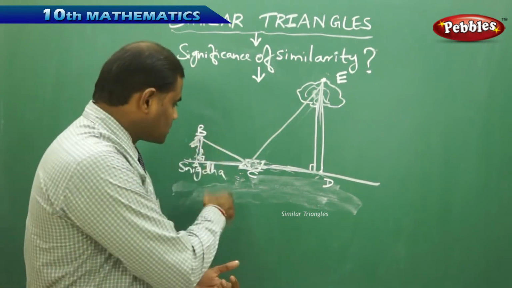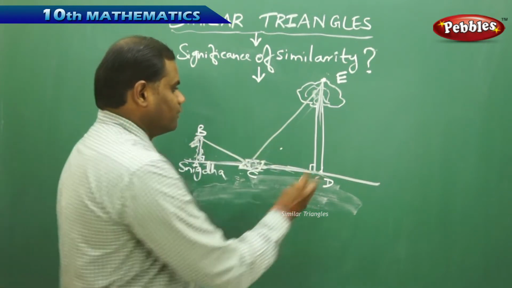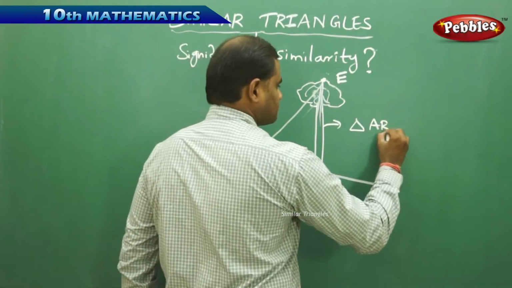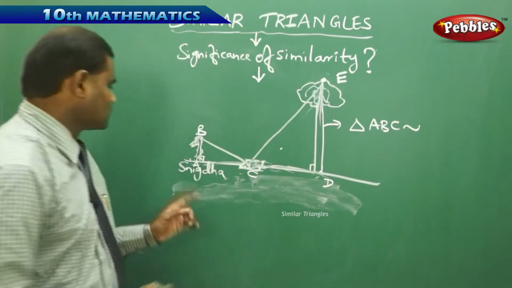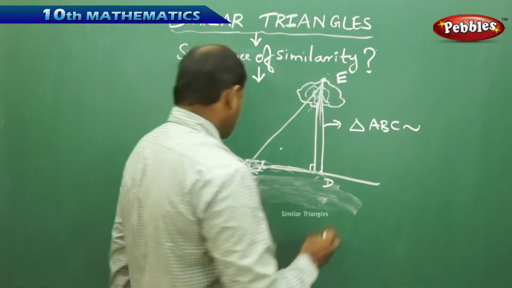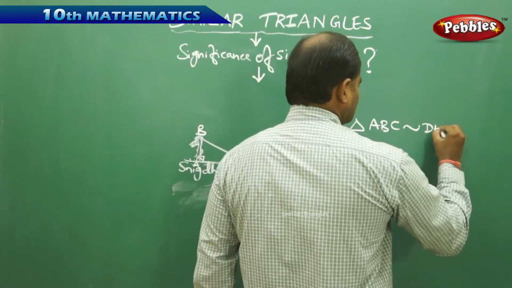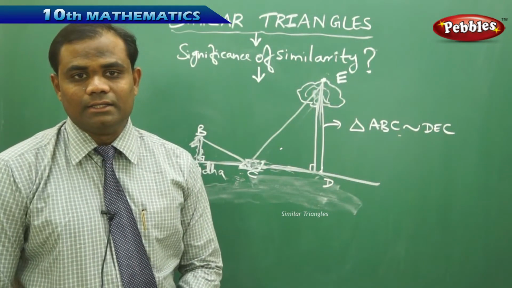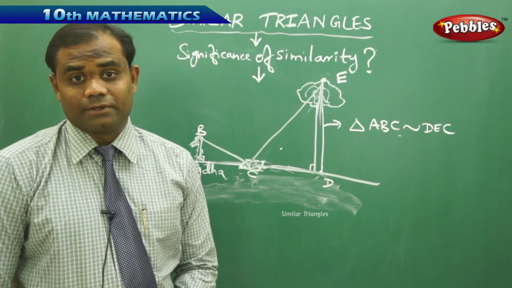Now this concept of similar triangles, where triangle ABC is similar to triangle CED or DEC, is very useful in understanding similarity connected with real life.